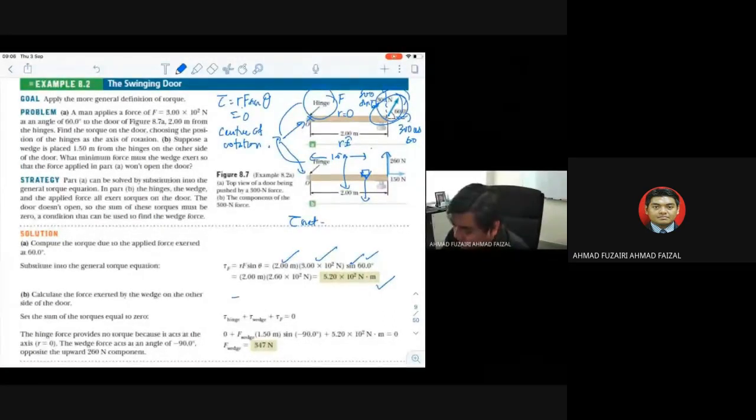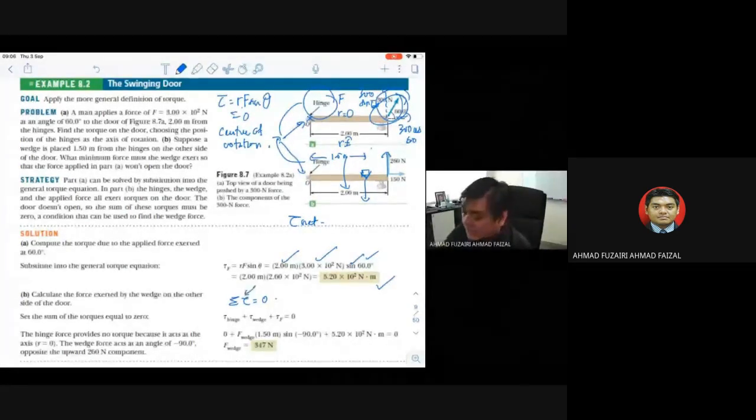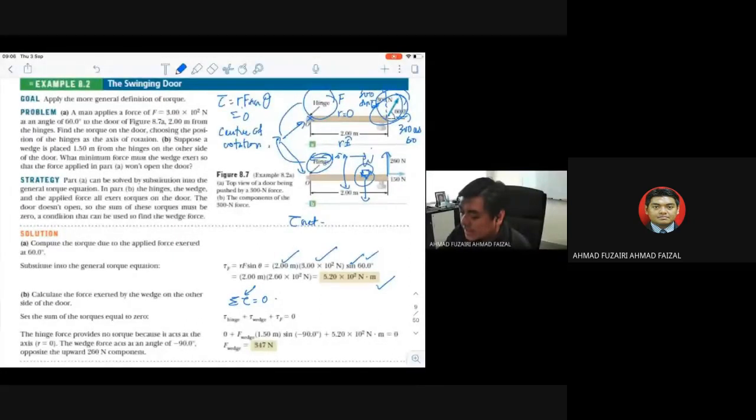So this one is the summation of torque equals to 0. Maksudnya hasil tambah semua torque yang terlibat, sama ada hinge, wedge, dan force 300 Newton tadi. So ada 3 benda yang kita kena calculate dekat situ. Definitely untuk hinge dia akan jadi kosong sebab dia jadi center of rotation.